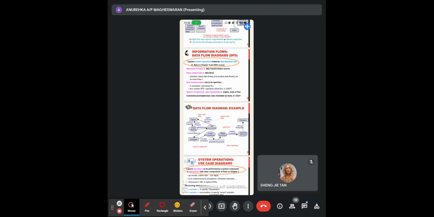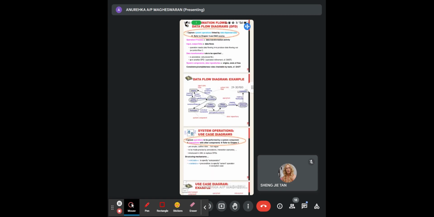There are a few diagrams I covered under this. The first interaction model that I covered is DFD, correct or not? DFD diagram basically shows the interaction. You break down the system, very simple. You break down the system into components.